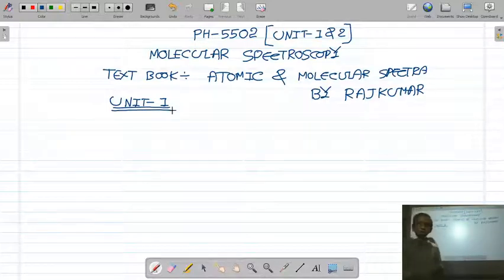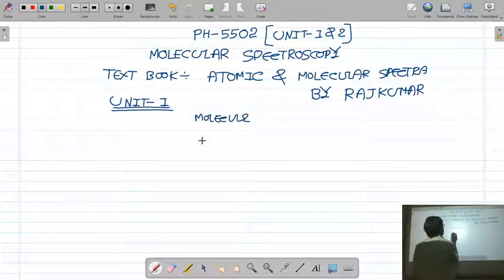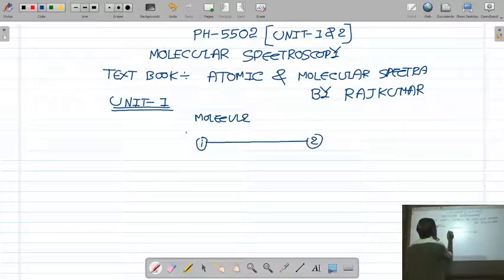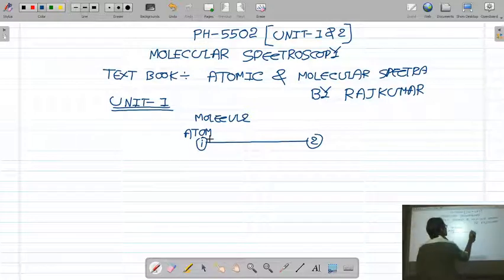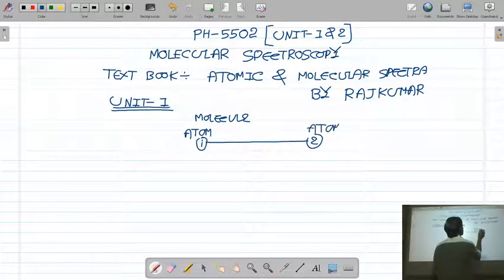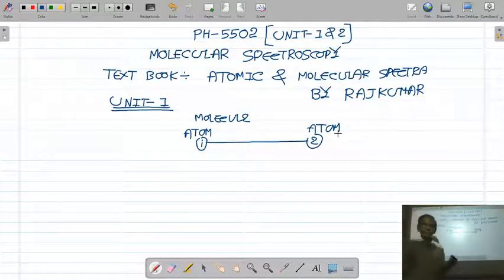But before we start to study Unit 1, we will give some important definitions. What is a molecule, what is a dipole moment, what different types of molecules are there, and so on. As all of you know, when two atoms are chemically bonded, they will form a molecule.